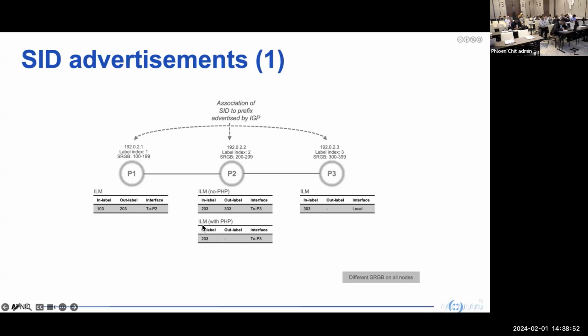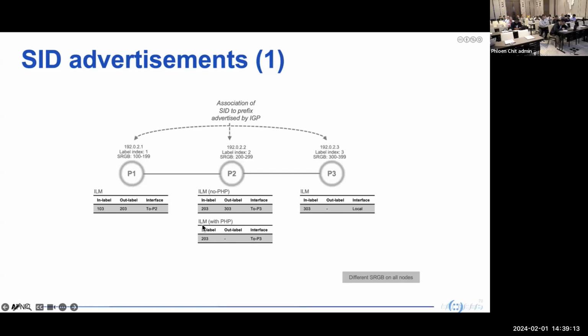Because the range of P1 starts at 100, for the destination P3, the index is 3. That's why 100 plus 3 becomes 103. For P2, its range starts at 200, so 200 plus 3 will be 203. For P3, its range starts at 300, so 300 plus 3 will be 303.